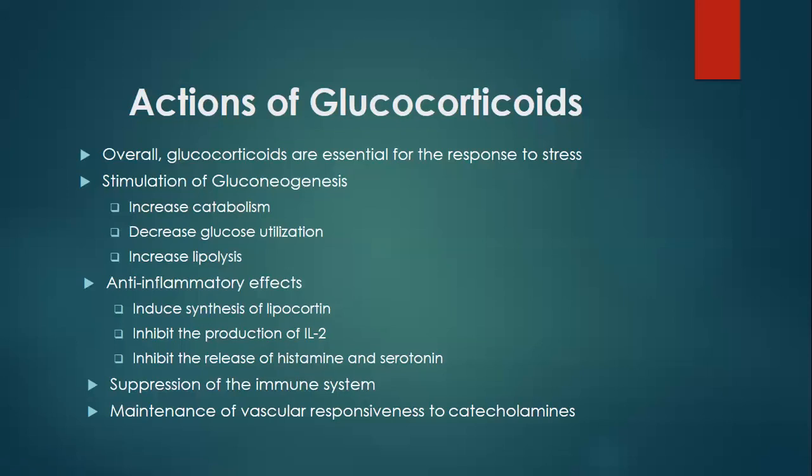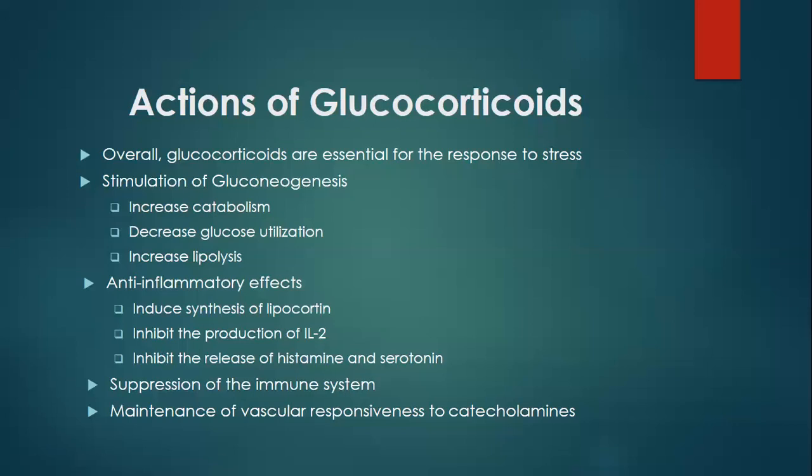And because prostaglandins and leukotrienes are involved in the inflammatory response, your glucocorticoids have anti-inflammatory properties by inhibiting the formation of the precursor arachidonate, by direct inhibition of phospholipase A2.